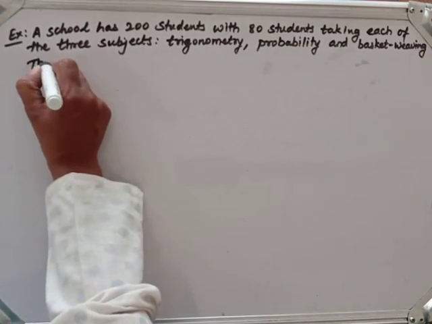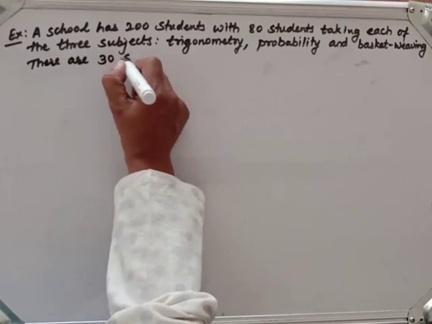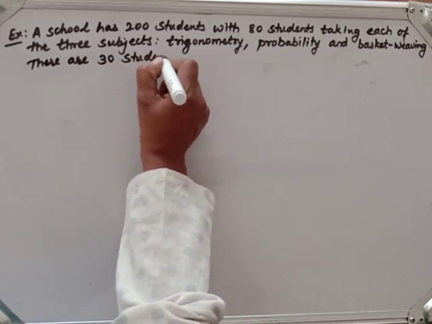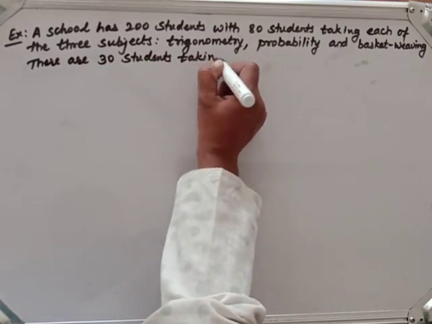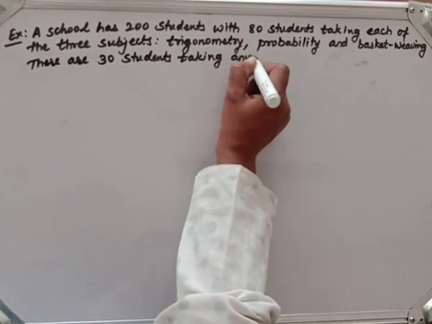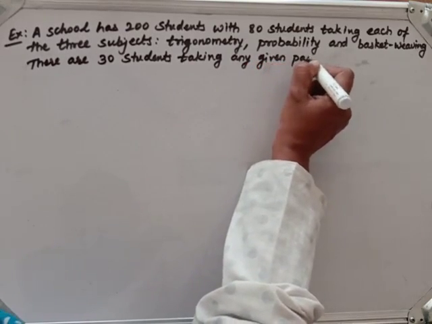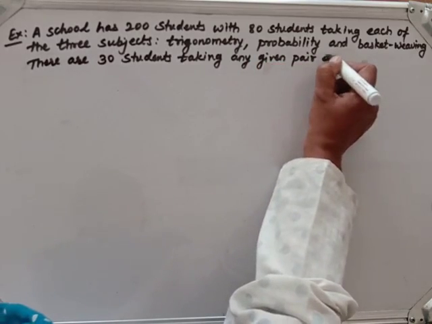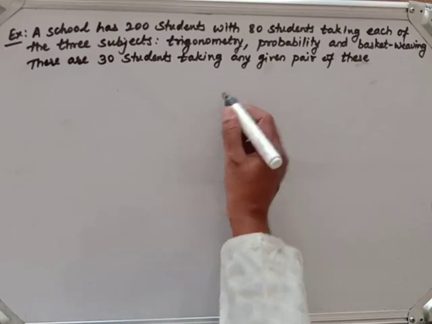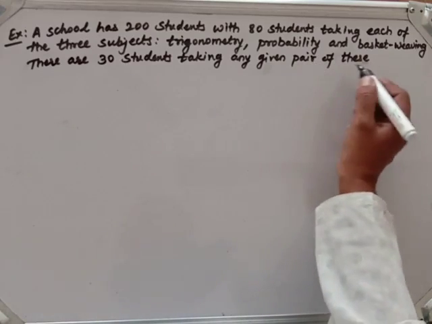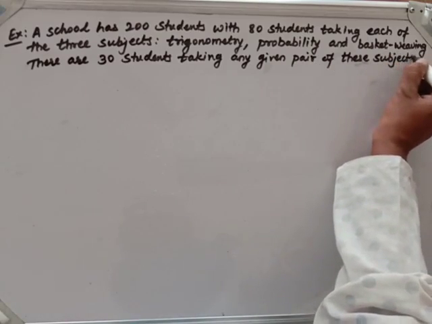There are 30 students taking any given pair of these subjects, meaning the intersection between two subjects is 30. Any pair is given, so pairwise it will be 30.